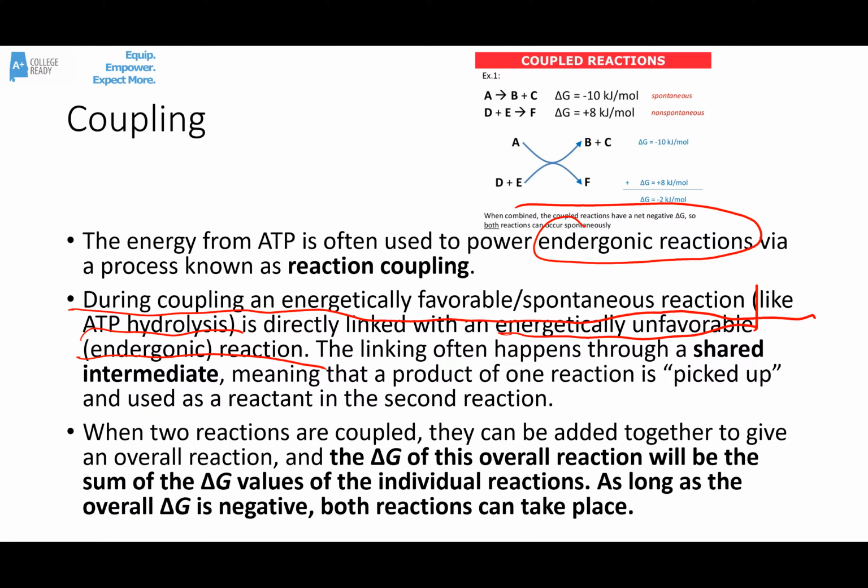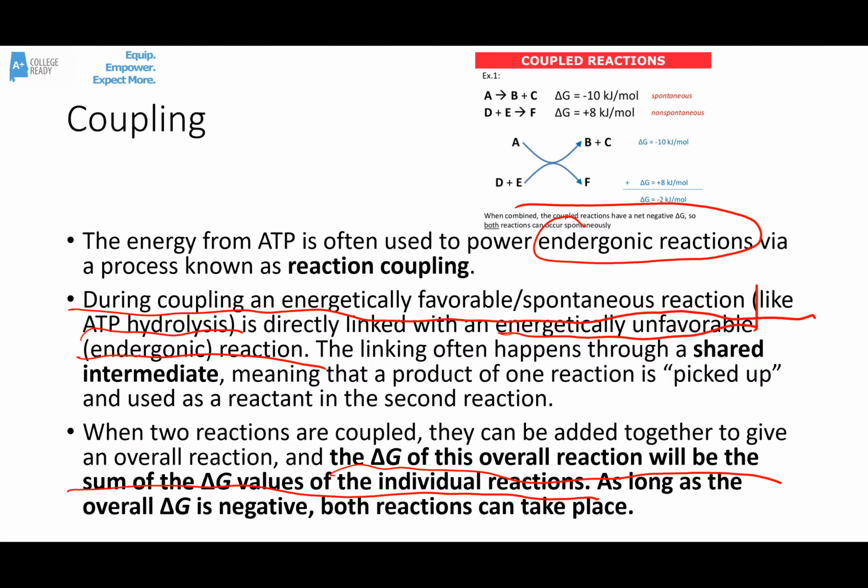The linking often happens through some kind of shared intermediate, but the key idea here is this. When two reactions are coupled, they can be added together to give an overall reaction. The delta G of this overall reaction will be the sum of the delta G values of the individual reactions.